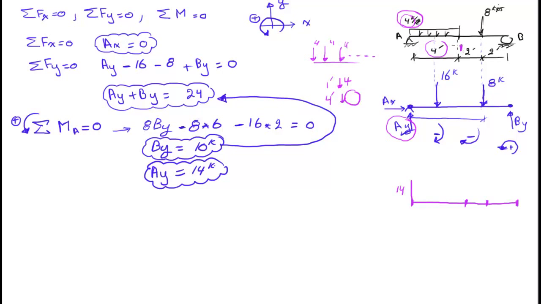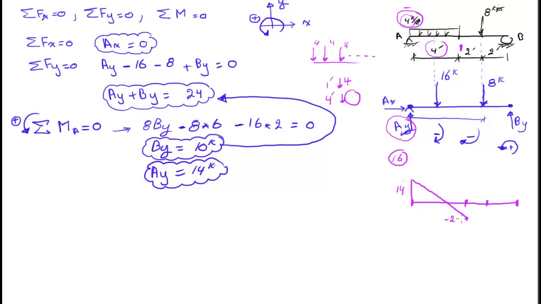But I have to keep in mind that I'm starting from 14, so 4 by 4 is 16. So the total descent value is 16, but I'm starting with 14 in the positive direction, so that means I'm gonna end up somewhere in here with a -2, and I have a straight line.